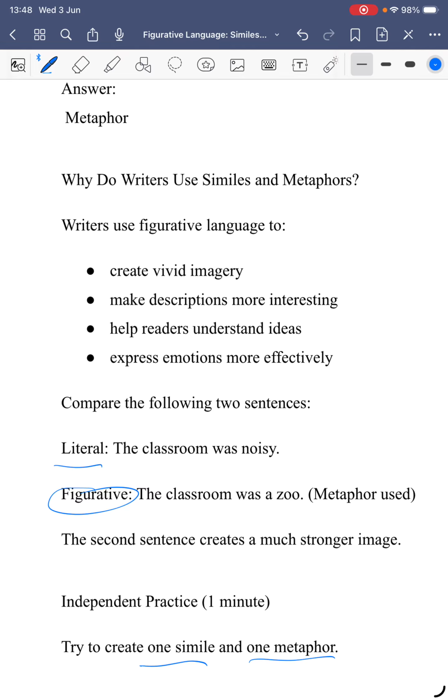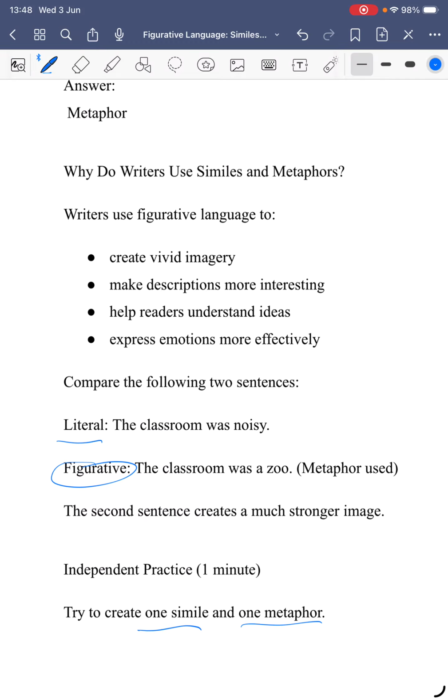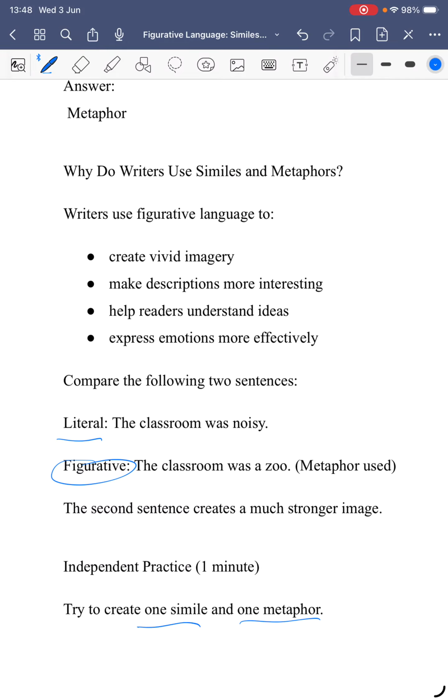So let's think about why writers use similes and metaphors. We use these figurative languages first and foremost to create vivid imagery, because if we compare things together, readers can easily have some kind of imagery in their head, trying to understand what we're saying.